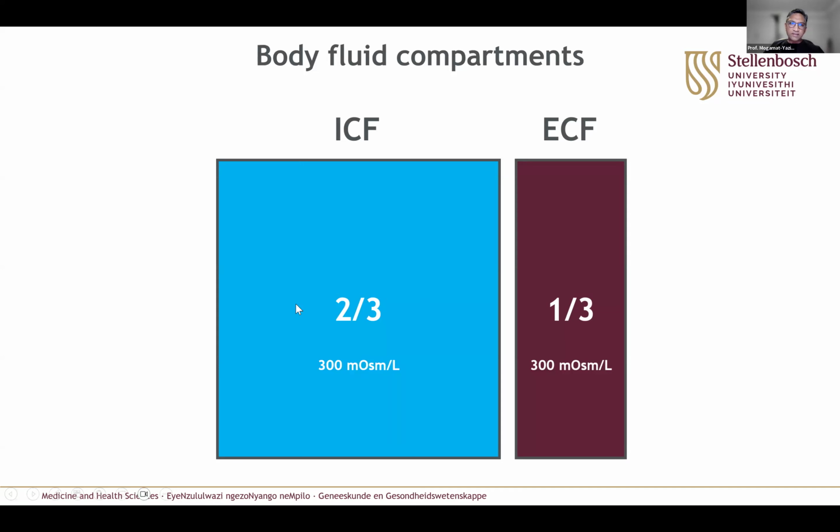The reason for the bigger ICF compartment compared to the ECF compartment is because the number of osmoles inside the intracellular fluid compartment is twice that of the ECF compartment. So although there are more osmoles, the volume is also twice as much, and therefore the osmolality between the ICF and the ECF, as you can see here, is exactly the same.